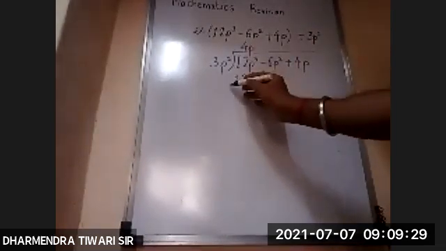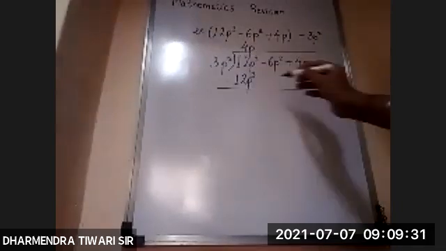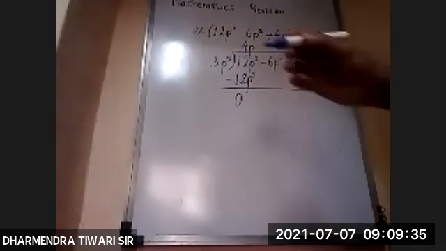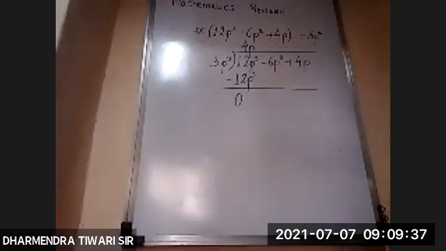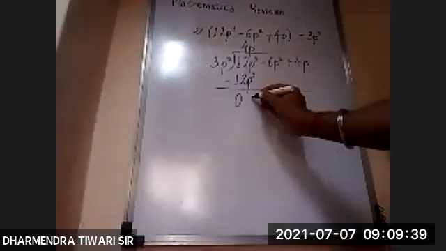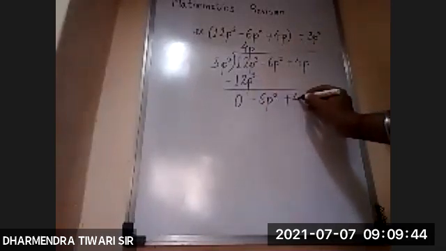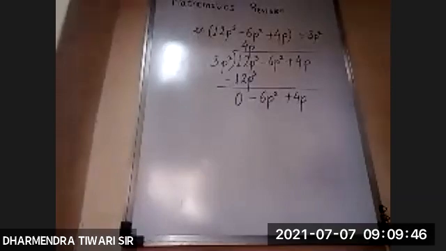The signs are opposite, so they get cancelled, and what remains is 0. The remaining part of the dividend you write as it is, that is 6p square plus 4p.